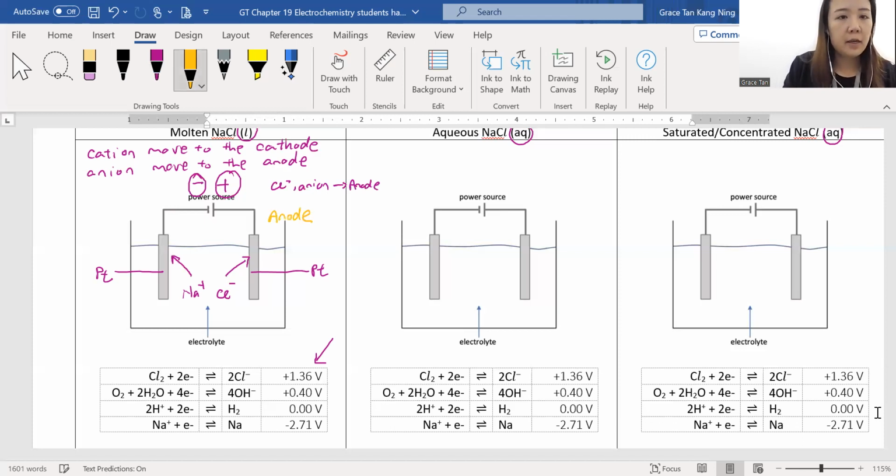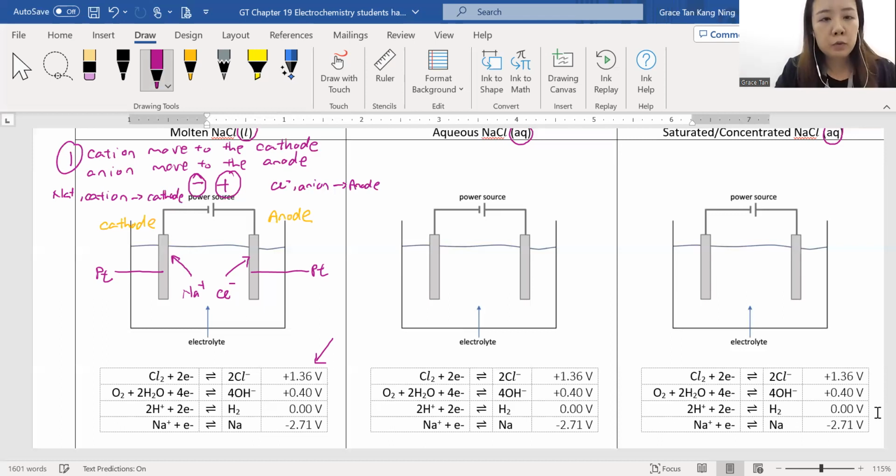On the left-hand side, I ask myself, Na+ is a cation, and following the principle, cations move to the cathode. So therefore, on the left, this is our cathode. So the first principle you learn here, number one, is which ion moves to which electrode, and it is due to opposites attract.